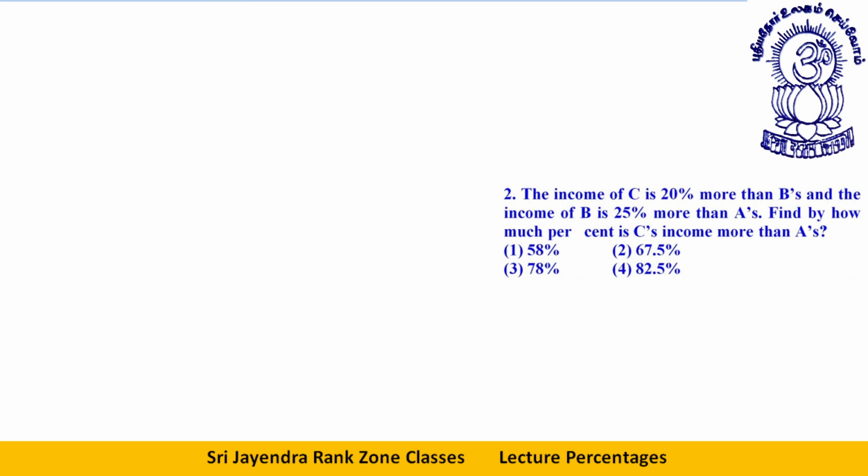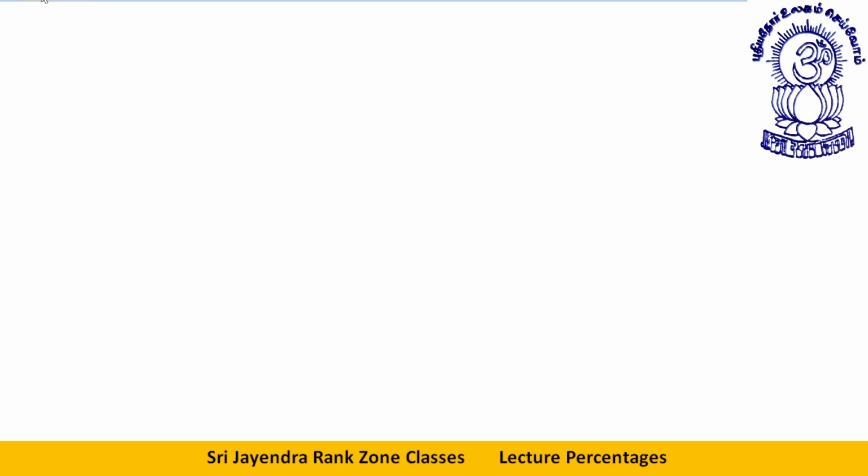Now, before moving to the next question, I need to tell you a few concepts. So let me just delete this photo and start. Okay. See, I have told you the formula for final change.